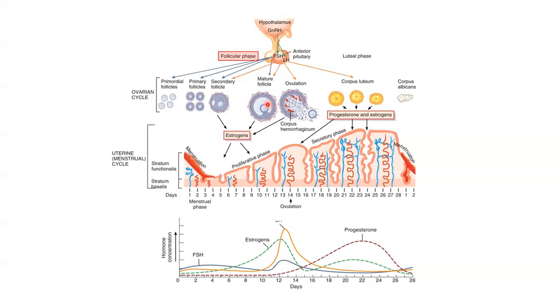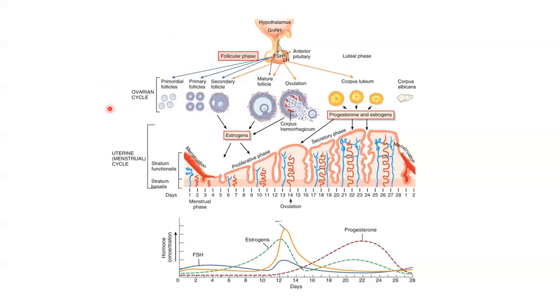During the very final maturation process, that mature follicle increases its production of estrogen. And with reference to the ovarian cycle, this follicular phase lasts right up to ovulation.